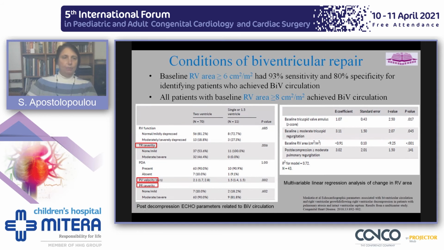And again, what's important: TR severity, RV function and size, velocity through the pulmonary valve, and PR severity. All these are post-decompression, obviously. Initially, everybody has a very bad RV and a very stenotic valve. What we can achieve after decompression are the factors that can show you whether we can go to biventricular circulation or not.